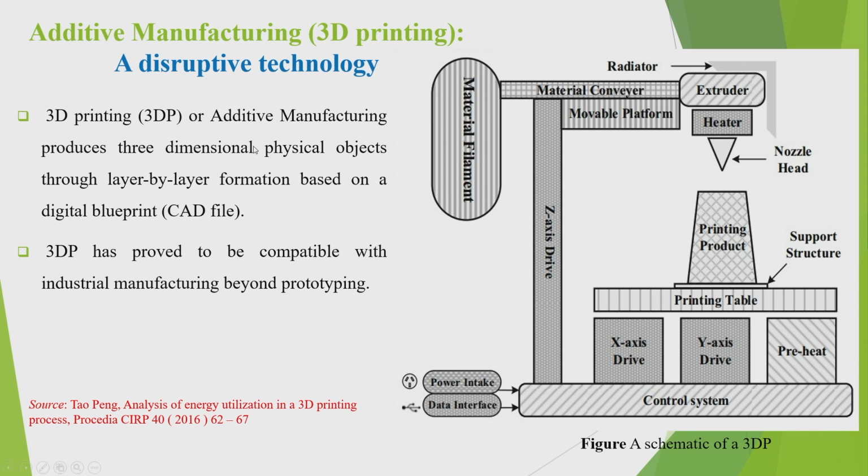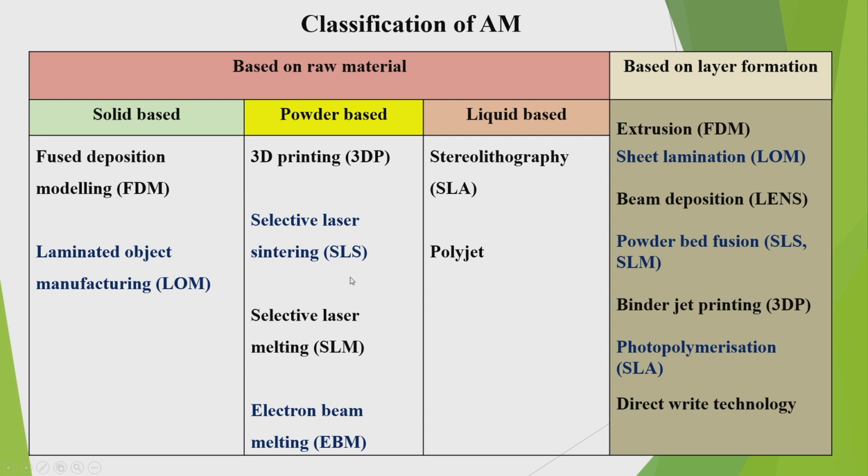In fact, additive manufacturing is the proper name. It produces three-dimensional physical objects through layer by layer formation based on a digital blueprint. That means you make a CAD file drawing and then it will slice that object and build it. So, it has proven to be compatible with industrial manufacturing beyond prototyping.